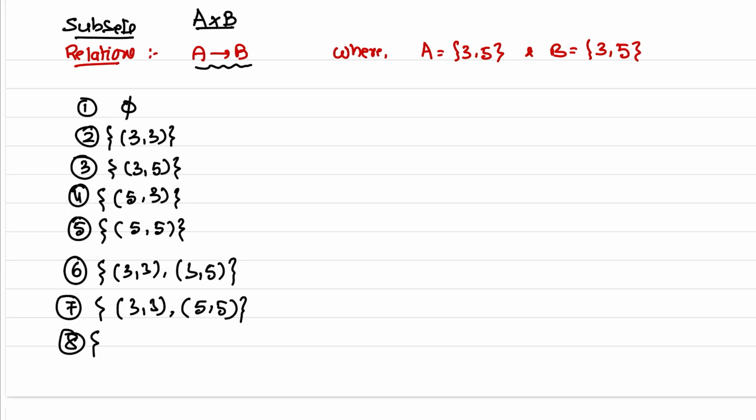Eighth one will be 3, 5 and 5, 3. And ninth one, 3, 5, 5, 5. These are all subsets of A cross B.